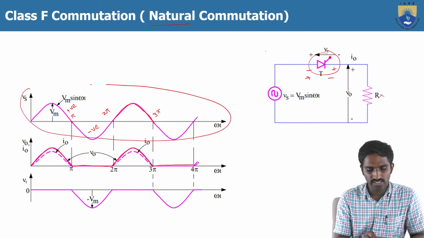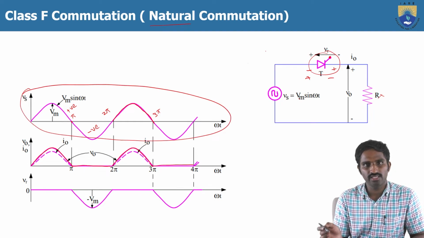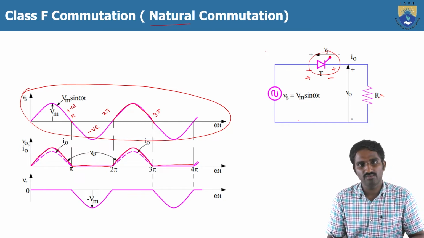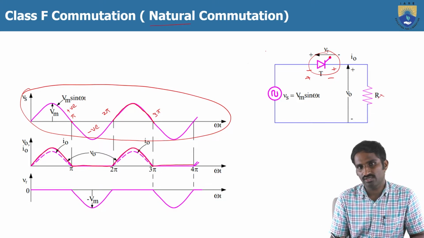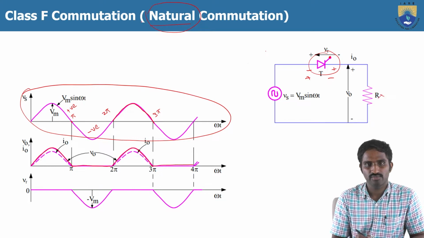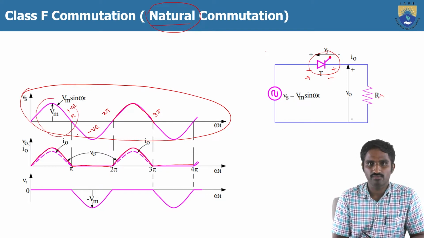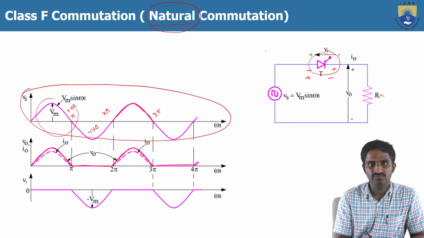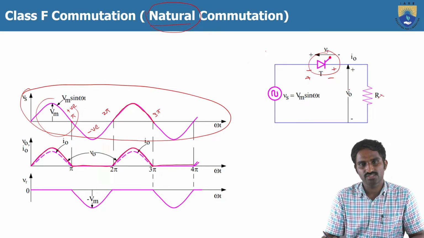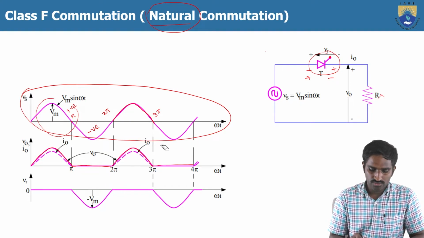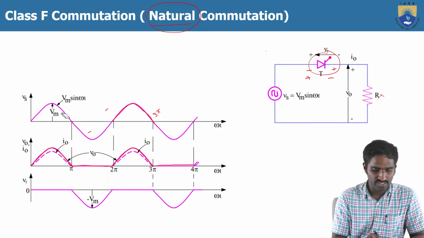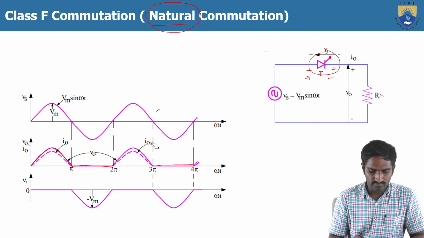Without connecting any extra commutating elements or commutation circuit, the thyristor is turning off. That's why it is a natural commutation, because of the nature of the AC voltage waveform. During the negative cycle, it automatically applies the reverse biased voltage across the thyristor, so that's why it is turning off. Right. So this is how the natural commutation will work.